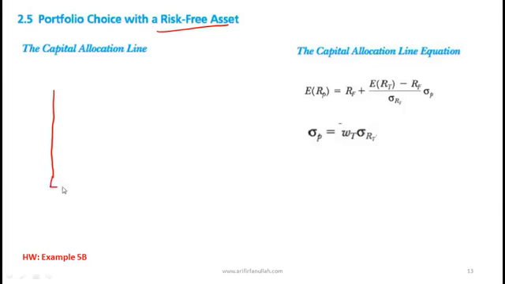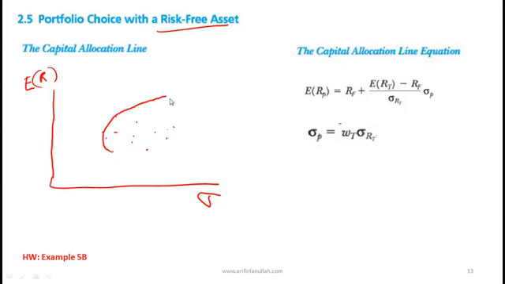If you remember from level 1, let's say that on the x-axis you have risk, on the y-axis you have expected return, and you are a portfolio manager who has identified a whole bunch of different portfolios that you can create.